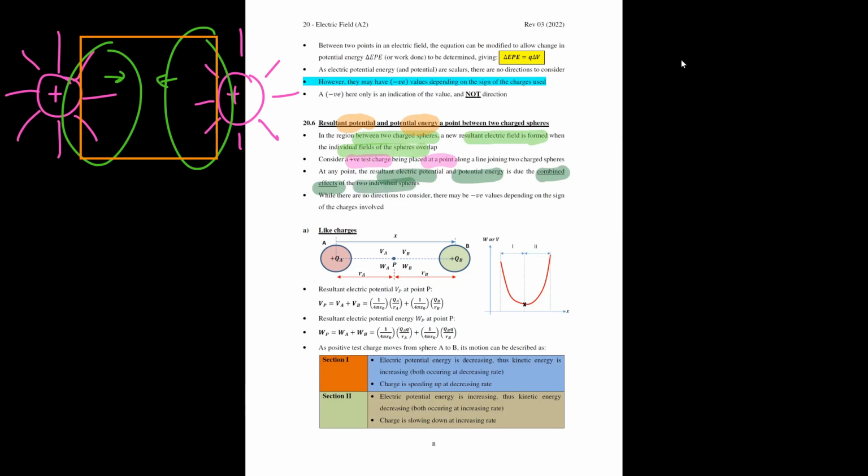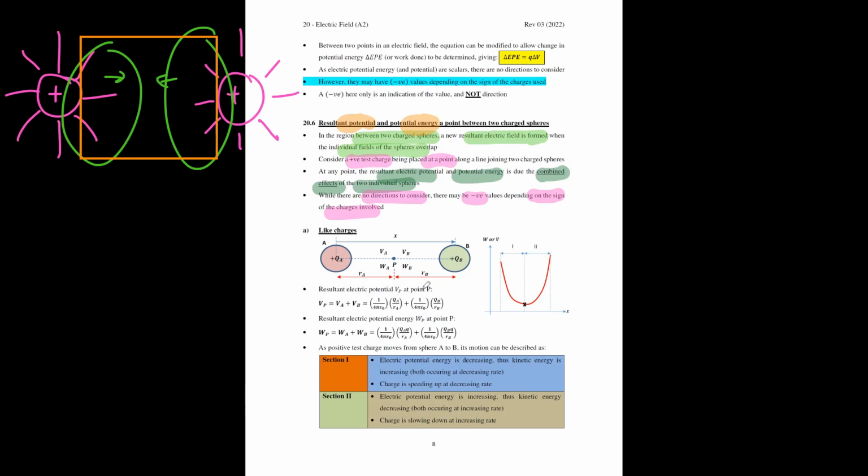But here, you do not have any direction to consider because potential and potential energy are scalars. They still could be negative values, depending on the sign of the charges involved, all right? Although potential energy and potentials are scalars with no directions to consider, they could still be negative values in your analysis, mainly due to the sign of the charges that are involved.